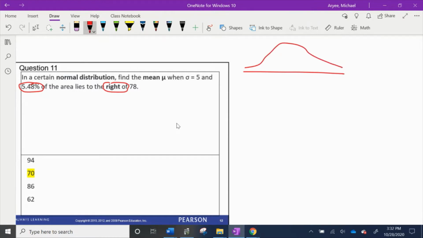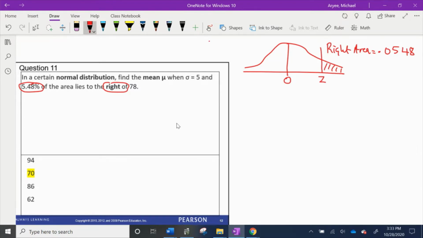So if I have this diagram, let's start with a standard normal. 5.48% to the right should be something small here. So I could say right area, changed to a decimal, is 0.0548. So we are looking for what z is here.